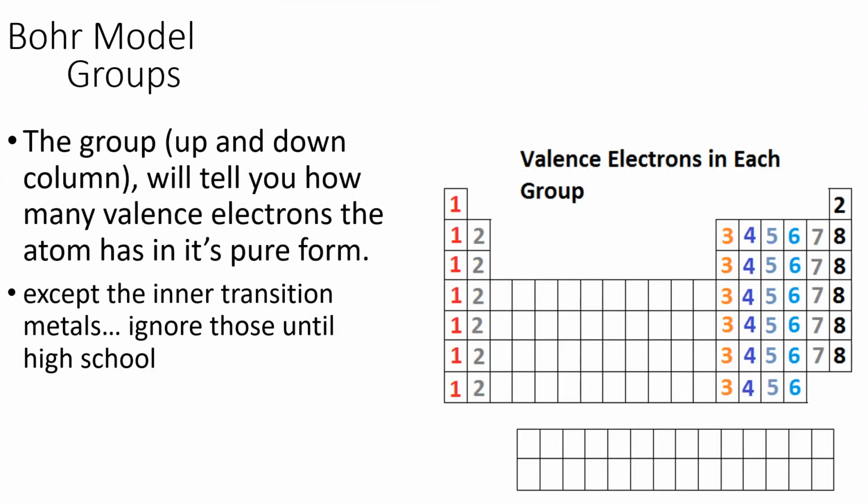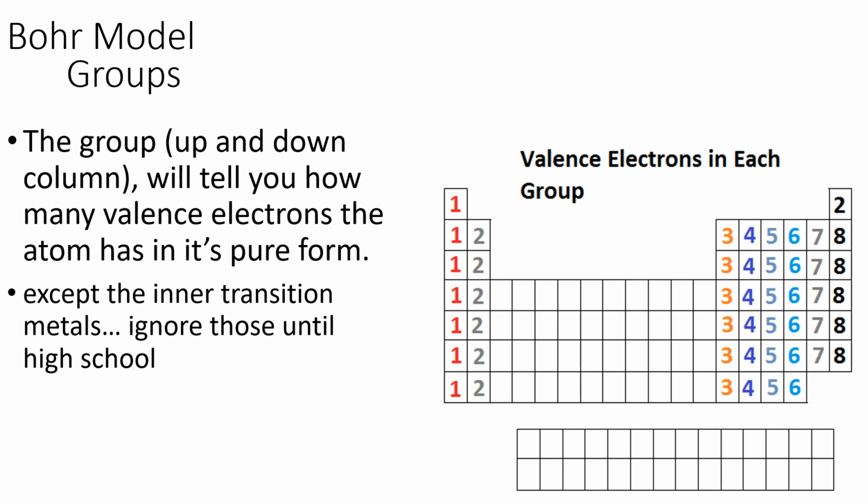So, how do we know what these elements will look like as far as their electron configuration? To do this, we need to know the number of valence electrons in each group. So the up and down columns right here will tell us the number of valence electrons the atom has in its purest form. So we're not talking ions or anything like that, in its most pure form.